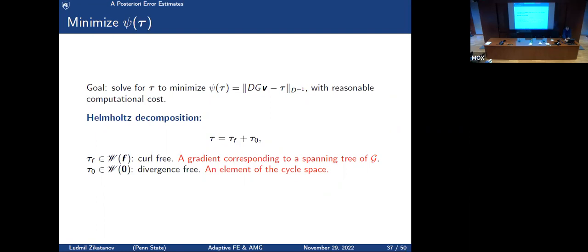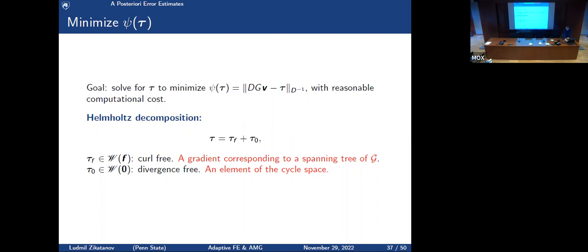Okay, so to find the solution on the spanning tree is very easy because for a tree you can do LU decomposition without fill-in. That is used here. And the difficulty is to solve the cycle space, but to solve the cycle space, you just use the Schwarz method. That's enough. I mean, you don't want to resolve everything. You just need to know where the error is constant, right?